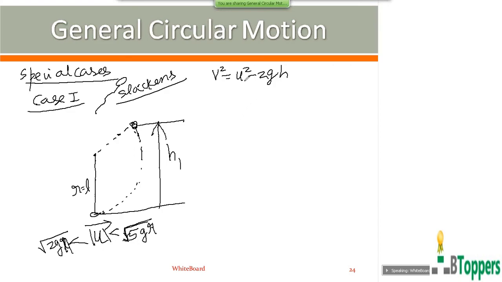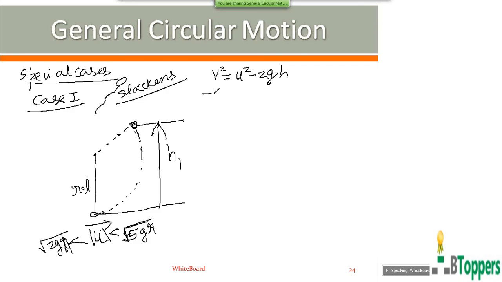As I already explained in the previous class, in the case of motion of the bob of a simple pendulum rotating in the vertical circular path, if the total mechanical energy of the bob remains constant, we can write V square equal to U square minus 2gh.